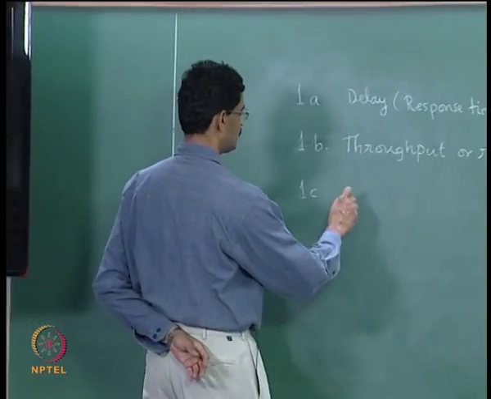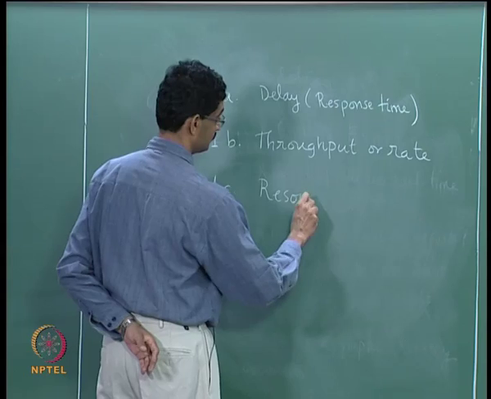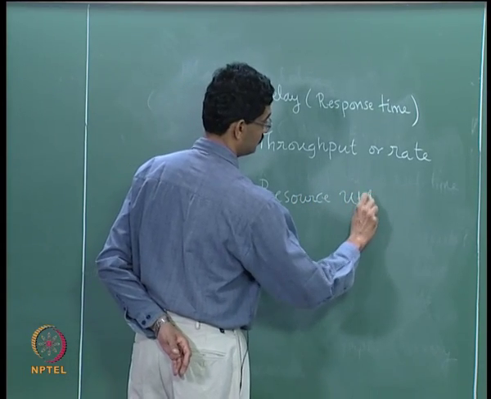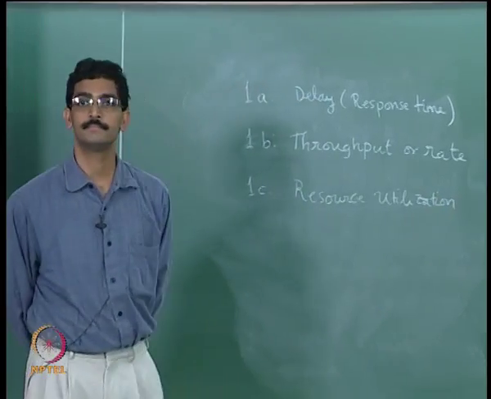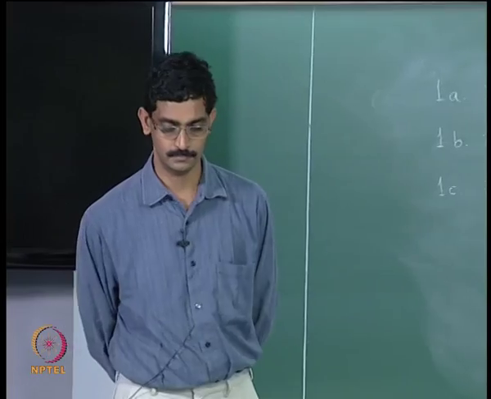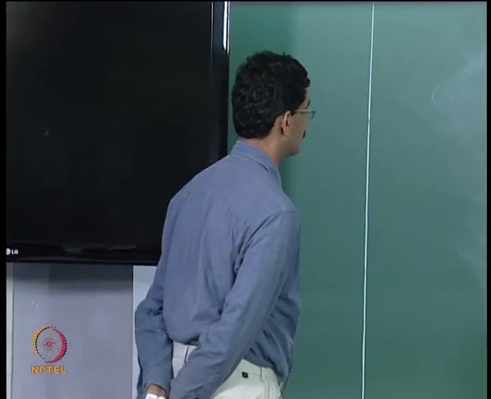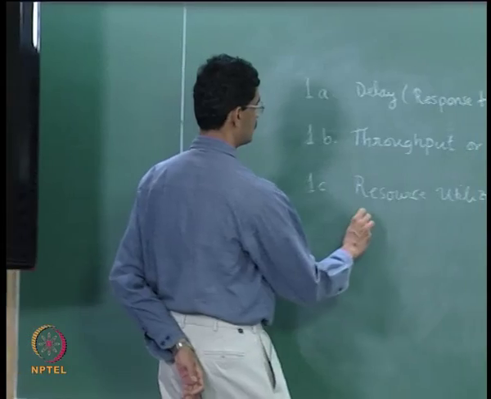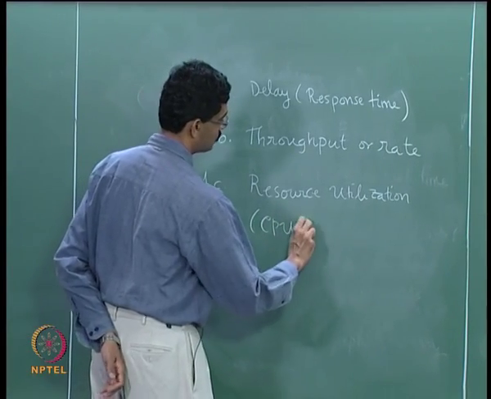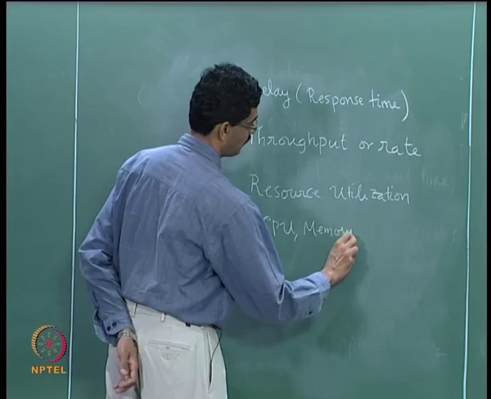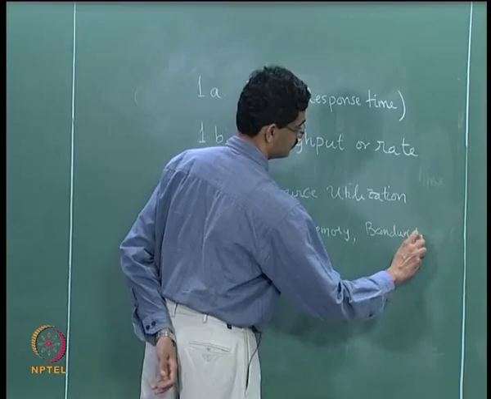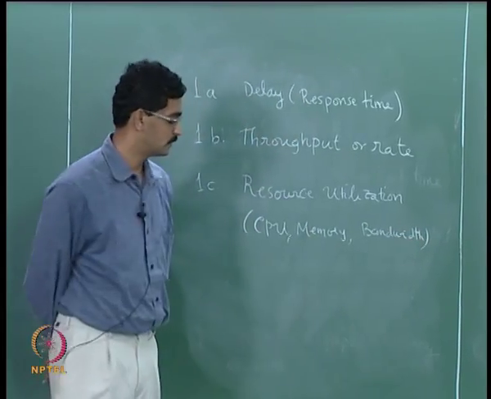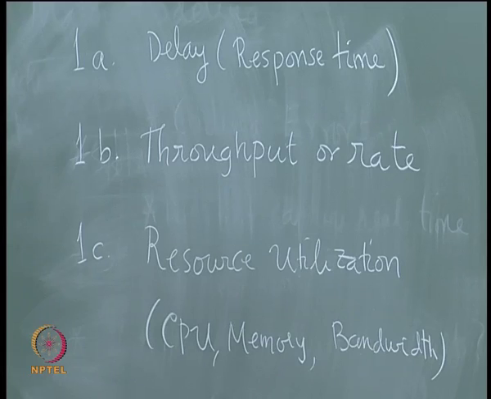The third would be resource utilization. The resource could be many things: CPU cycles consumed, memory, or bandwidth consumed, etc. For example, I am sending several packets on a link.